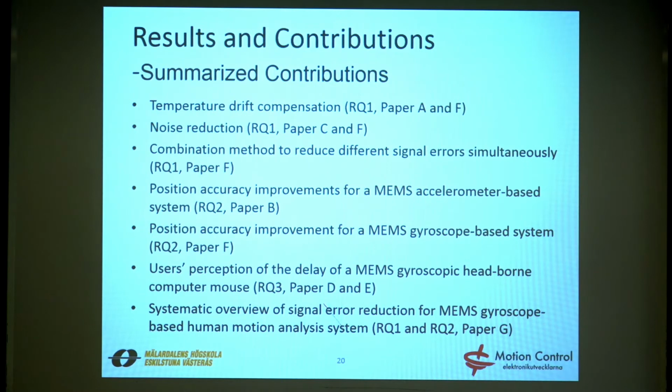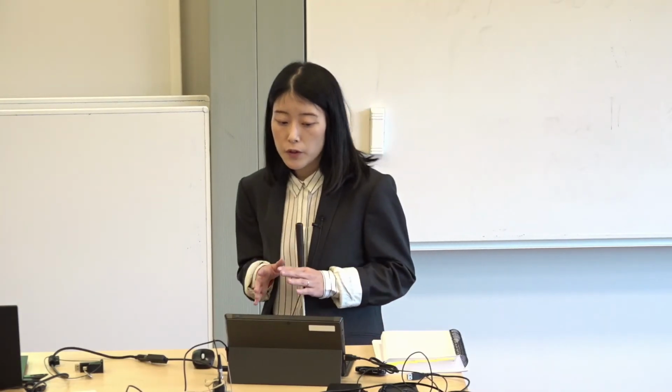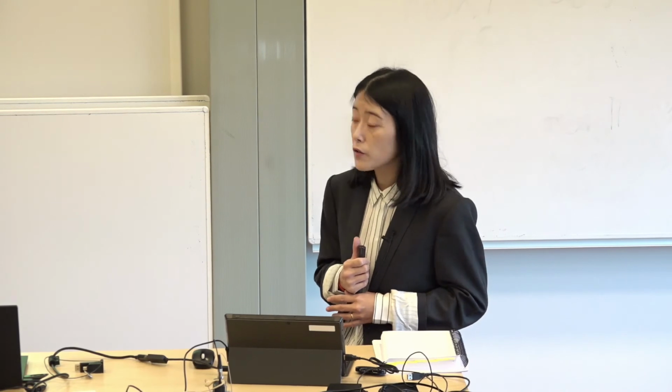And the position accuracy improvement for a MEMS accelerometer-based system and a MEMS gyroscope-based system, respectively. And the user's perception of the delay of a MEMS gyroscopic hand-bound computer mouse presented in paper D and E for the research question 3.